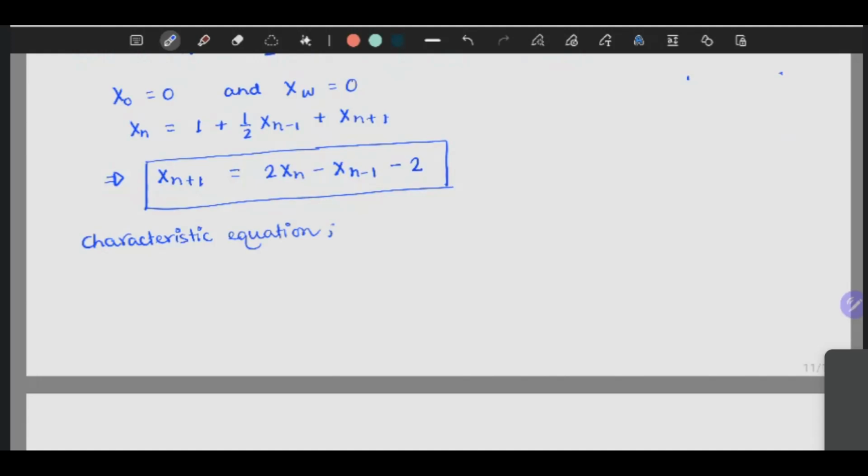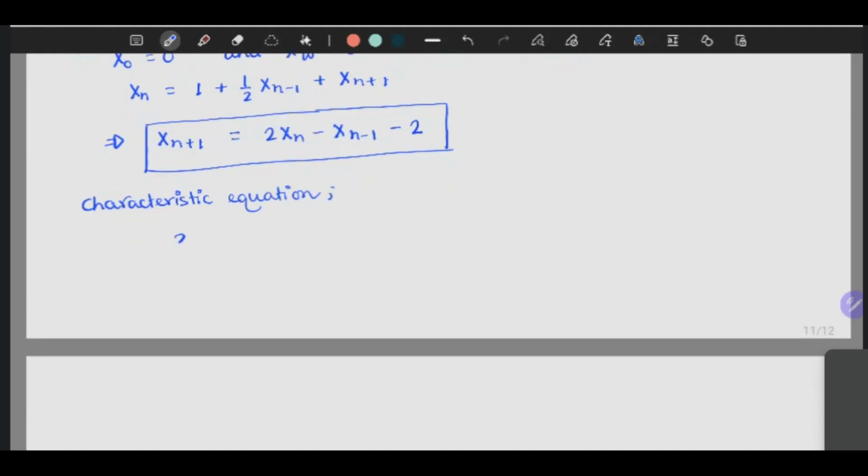This is kind of a difference equation, so the characteristic equation will be x squared equals 2x minus 1.